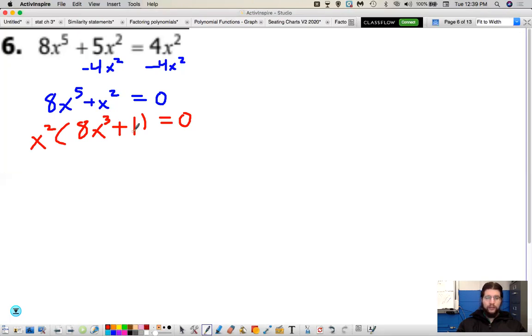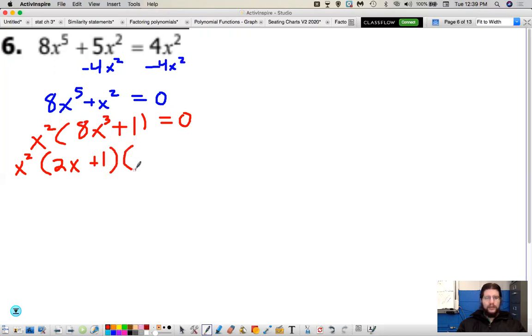You are expected to memorize that formula. I'll pull it up in a second though. So x squared, can't do anything with that, but this one, what's a? What to the third power gives me 8? 2. What to the third power gives me x to the third power? X. Plus what? 1, right?